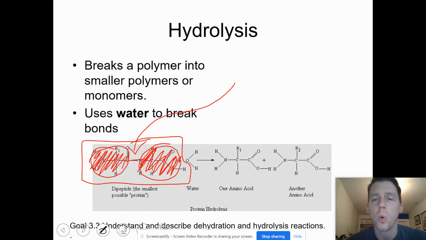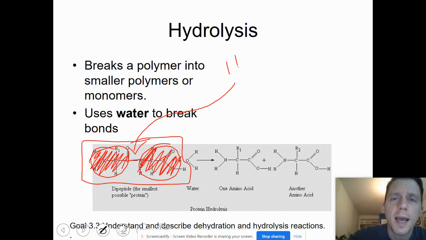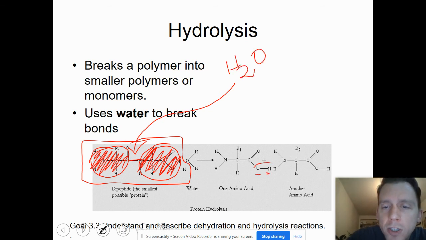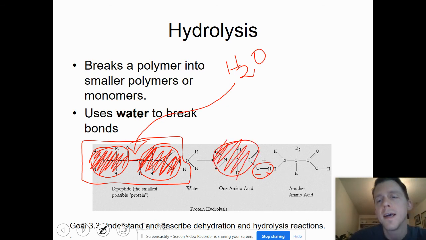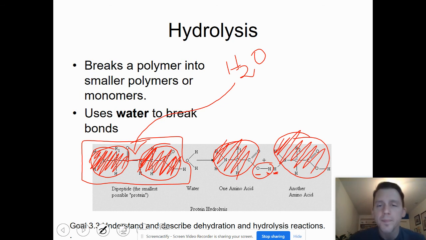So we are going to add water. We're going to rip apart water and add an H and an OH to one side. So you can see that there. And we're going to add in the second H to the other side. And that is going to break the bond.